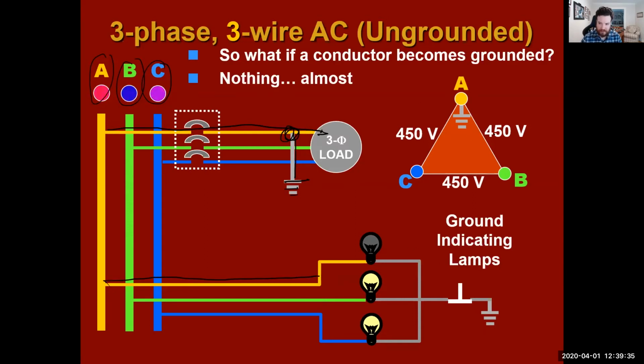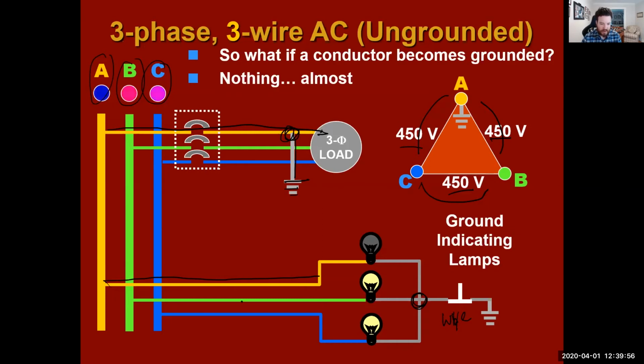And if we look, we have 450 volts between A to C, B to A, and C to B. All right. Now, all three of them are connected right here in this pattern. This is called a wye connection.